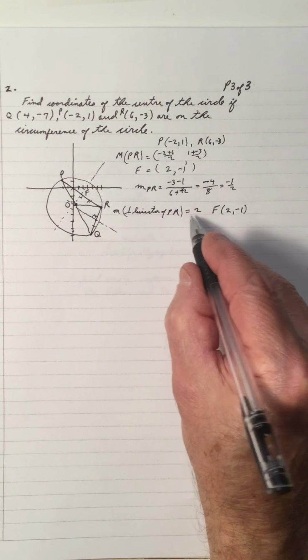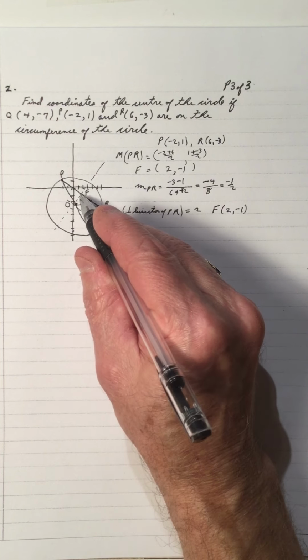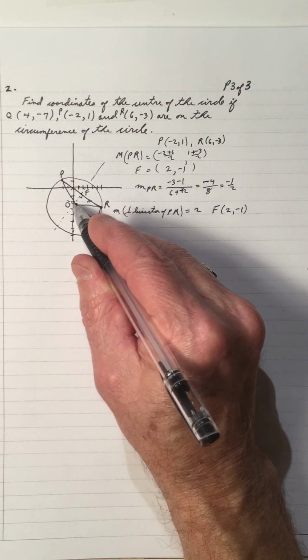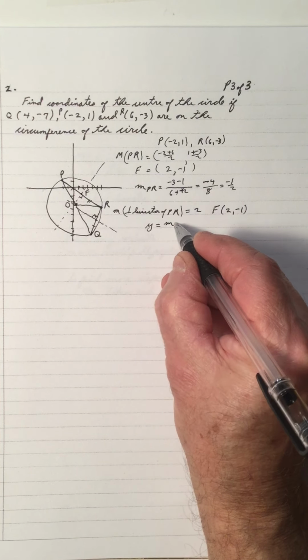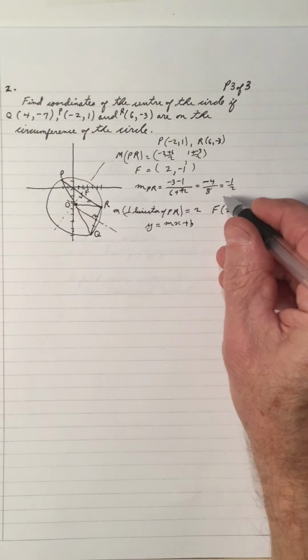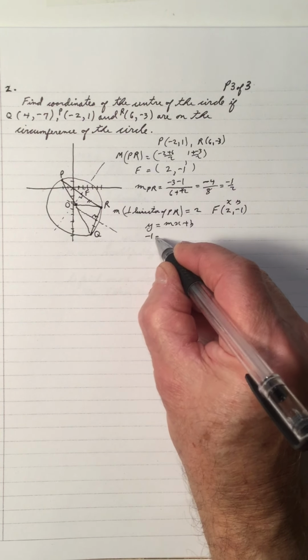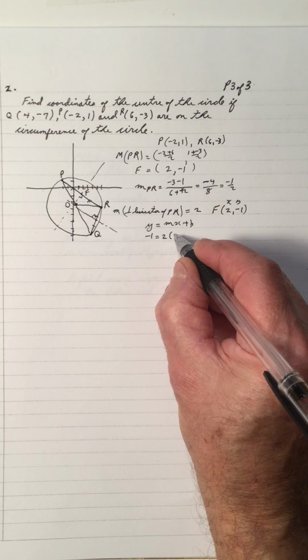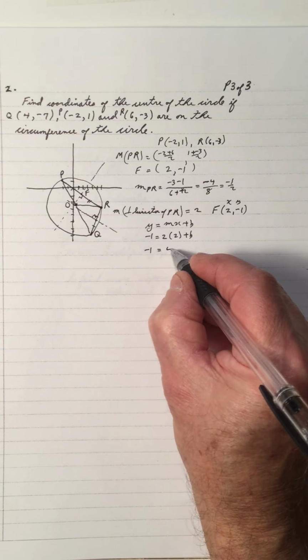So we take the slope of this perpendicular bisector, going through F, and use X and Y: Y is negative 1, the slope is 2, X is 2, and we'll work that out to get the y-intercept.